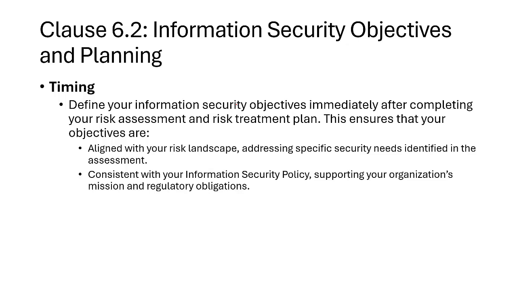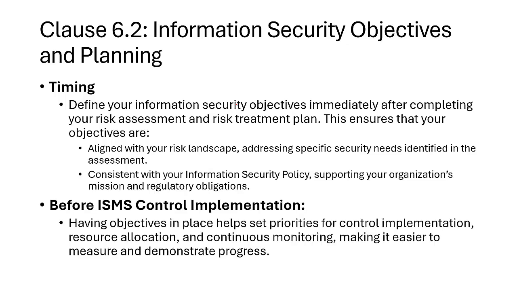That's a very important part, and that's why for every control we have policies. Before ISMS control implementation, objectives are very important. These objectives include control implementation, resource allocation and continuous monitoring, and based on objectives only, we set the KPIs and metrics, which I'm going to discuss in a further clause.